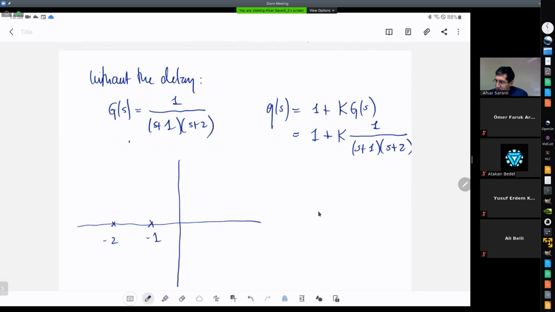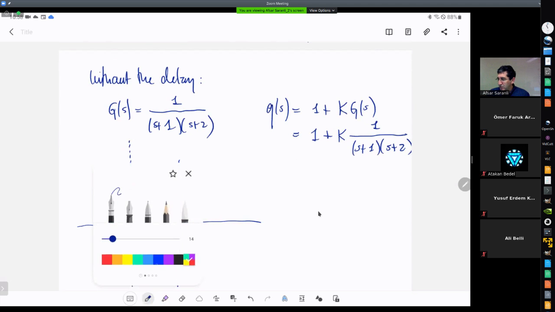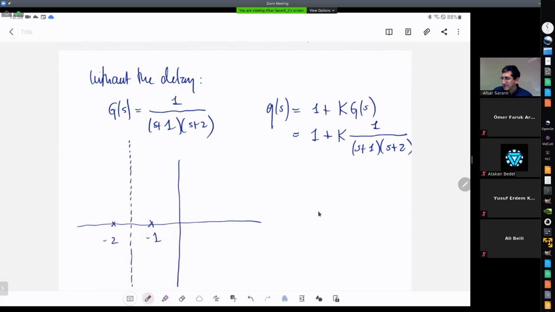And the intersection with the real axis is just in the middle of these two poles. And the real axis that is part of the root locus is this region over here. So what we have is a root locus that looks like this. So we have a throughout stable system. Okay? Any questions so far?